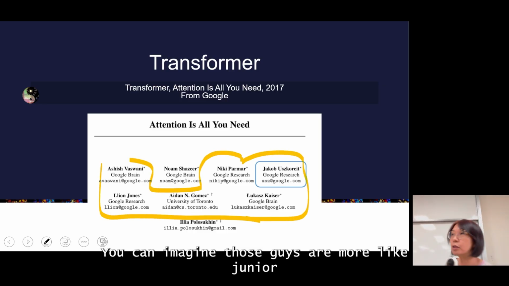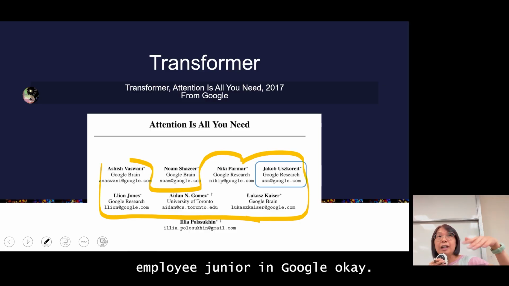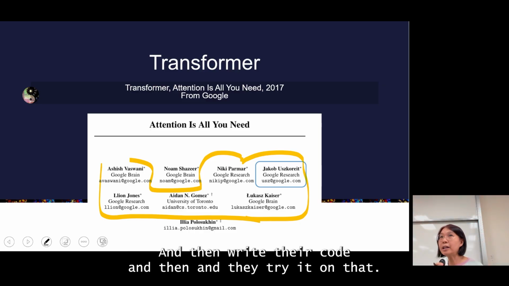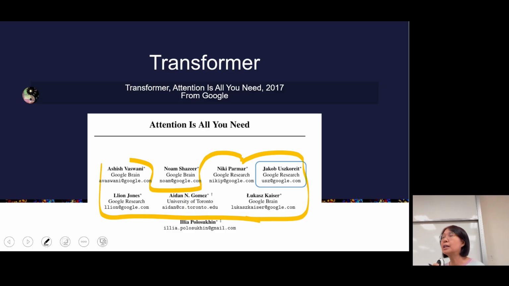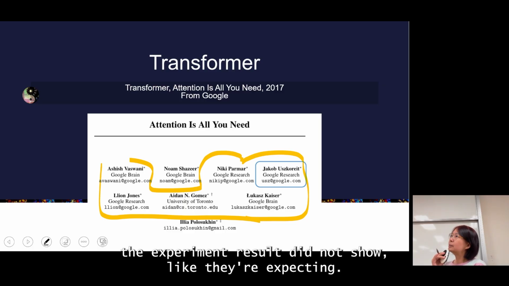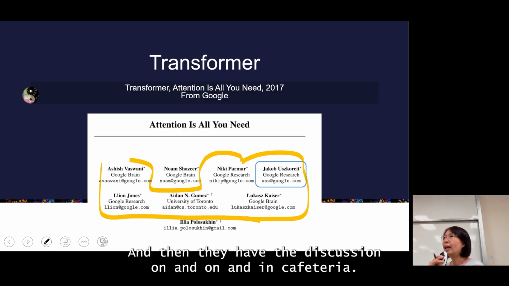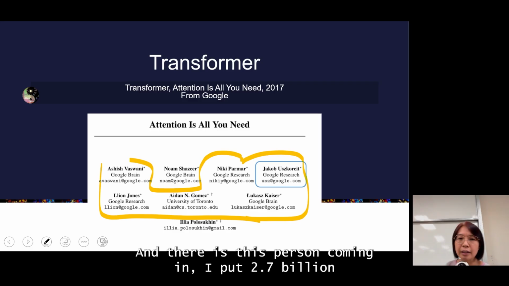You can imagine, those people were more like junior employees at Google. They wrote their code and tried it, and they believed their idea was correct. But for some reason, the experimental results did not show what they were expecting. Then they had a discussion in the cafeteria, and this person came in.